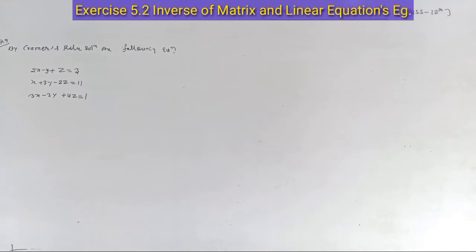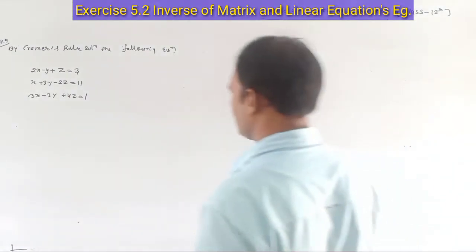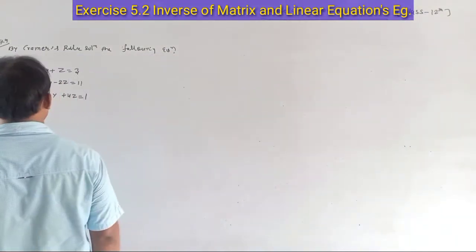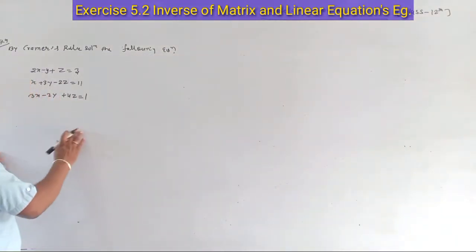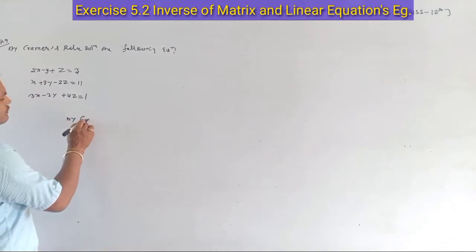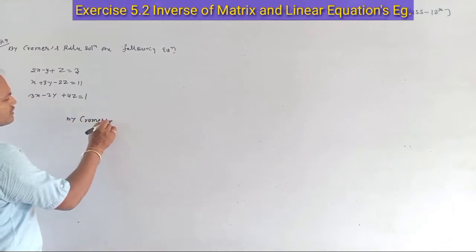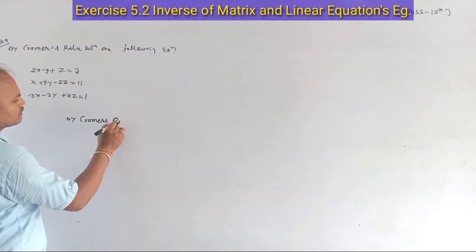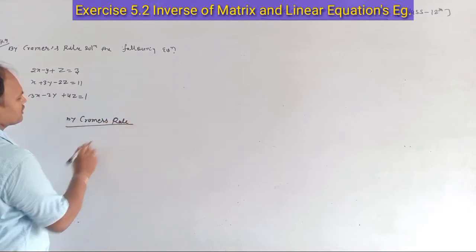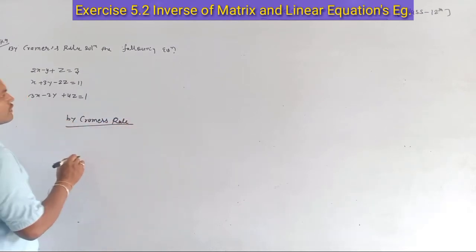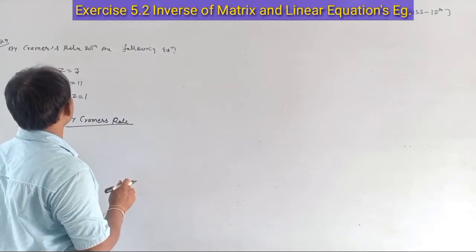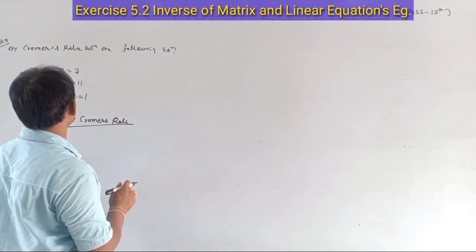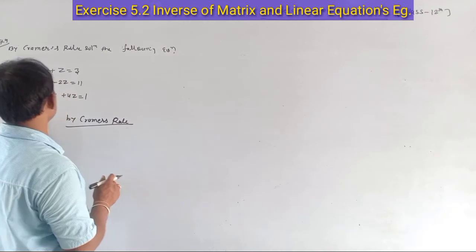It is not a different question, it is totally the same, and you can solve it easily. But we have to remember how we solve it, nothing else. So by Cramer's rule, what can we say?